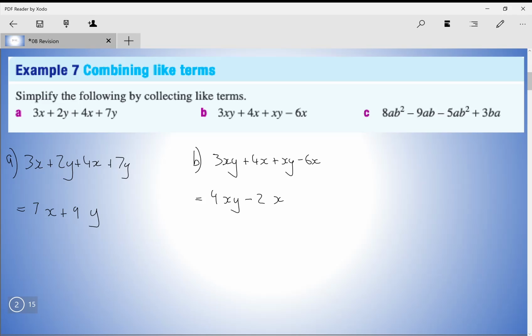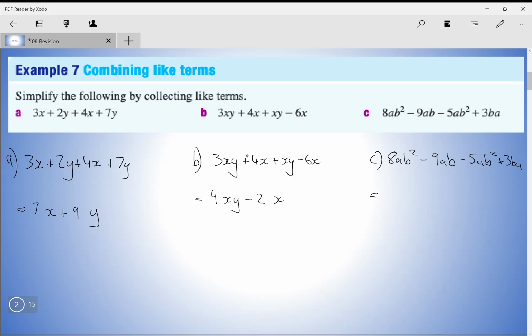And again, one last example. Again, two pairs of like terms, ab squared and ab. And remembering that here we have BA and AB, these are like terms with each other because the order of the B and the A doesn't matter.